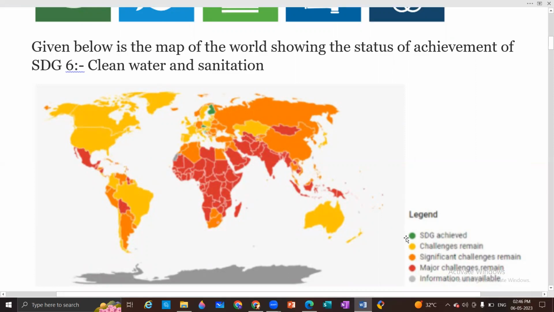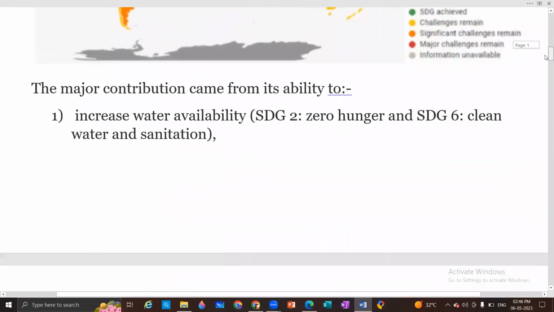The countries highlighted in green color are the countries which have achieved this, and we can see that only one country over here is successful in doing that. You will see that much of the world map is highlighted in yellow, red, or orange color, which signifies that the world has not yet achieved this sustainable development goal.